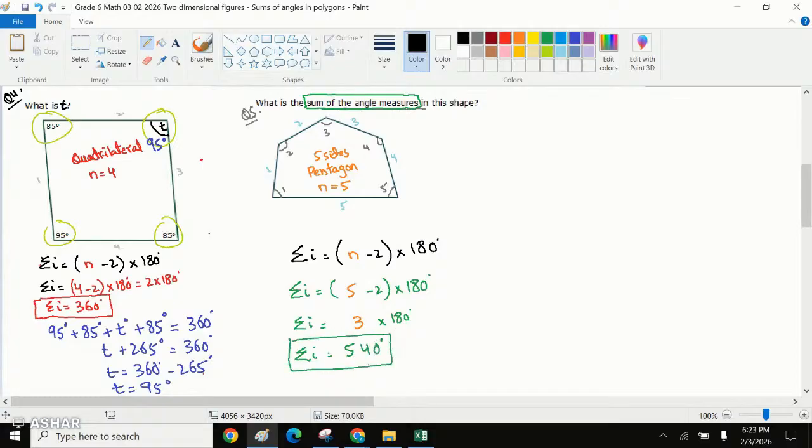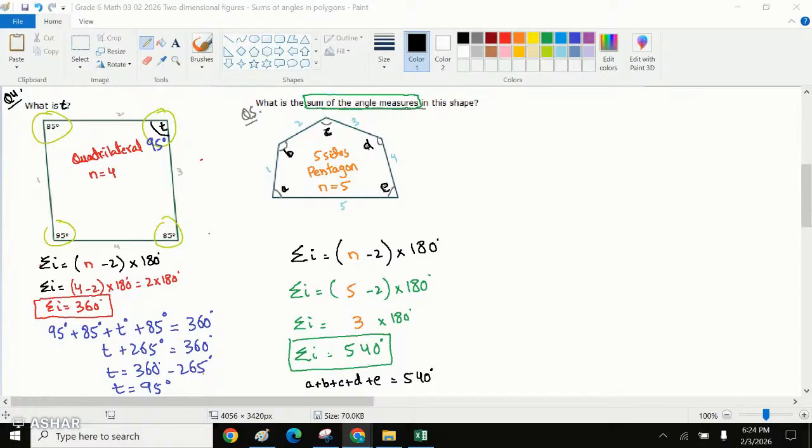Or we say that if this is angle A, this is angle B, angle C, angle D, and angle E, then A plus B plus C plus D plus E would be equal to 540. Agreed? If they are asking us to find the missing angle, then we find the sum and we subtract the remaining angles. If they're simply asking us to find the sum of the angles, we count the number of sides and we find the angle sum. Okay.